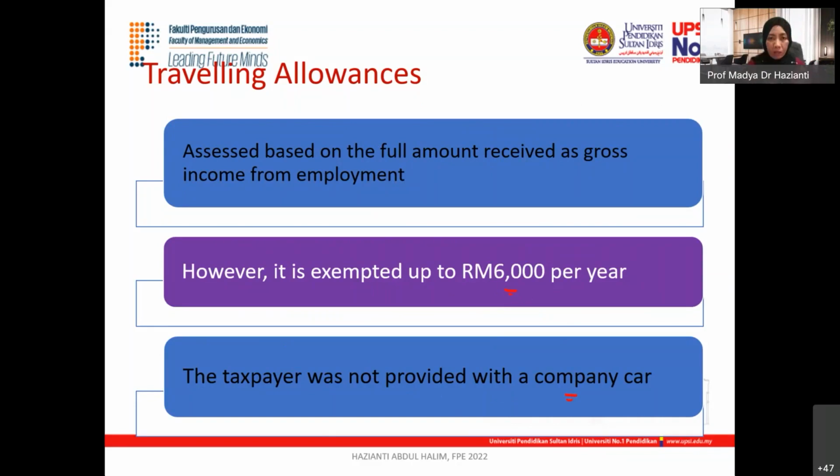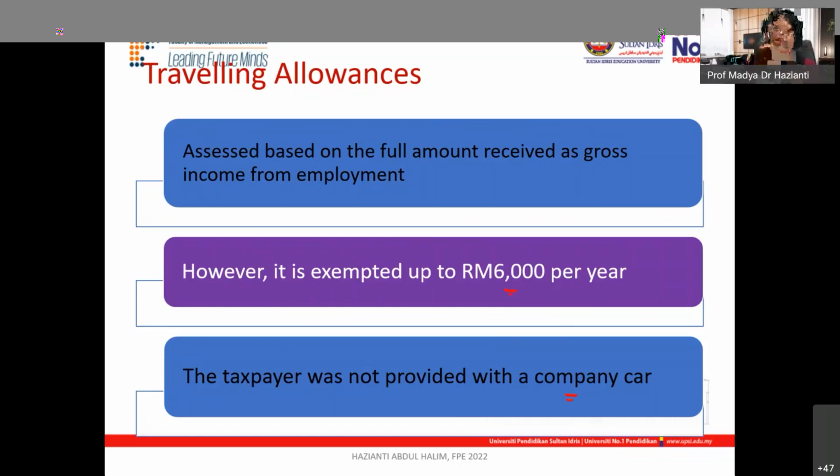You use your own car, but you get RM10,000 for travelling every year. So divide it to see how much you get a month.